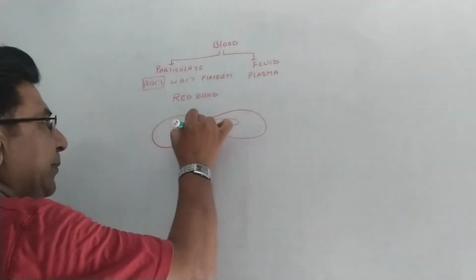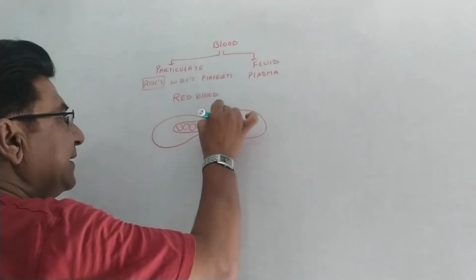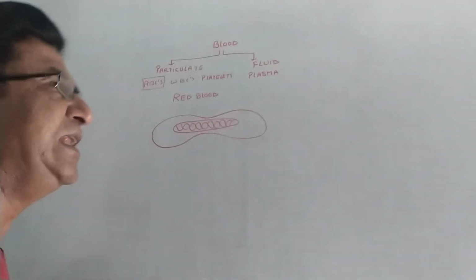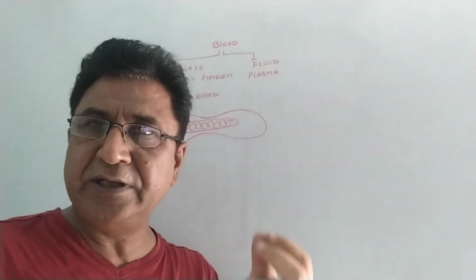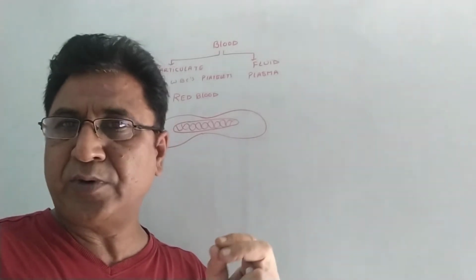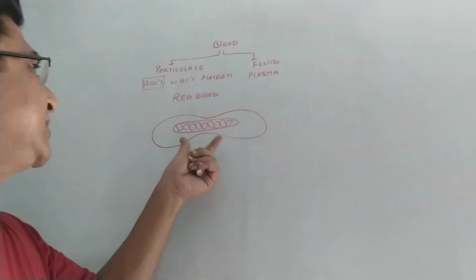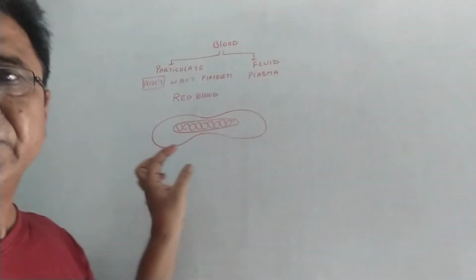A single RBC contains about 300 million molecules of hemoglobin, which can capture about 1.2 billion molecules of oxygen. Remember that. So, this is the RBC.